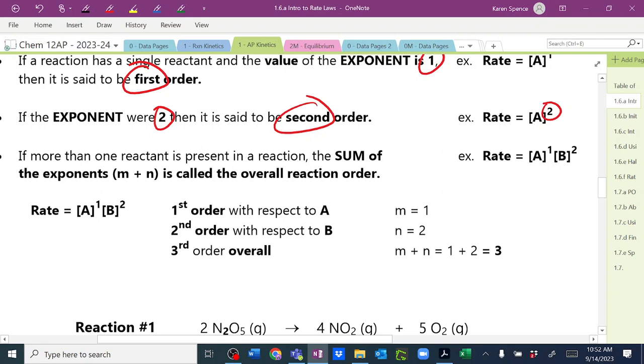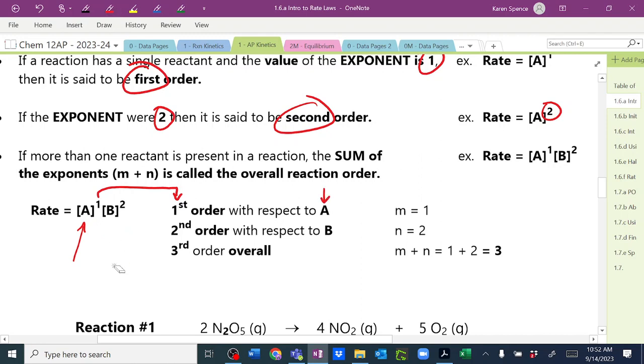So if we have a reaction where the rate is proportional to A to the power of 1 and B to the power of 2, we can say that it is first order with respect to A. Okay?